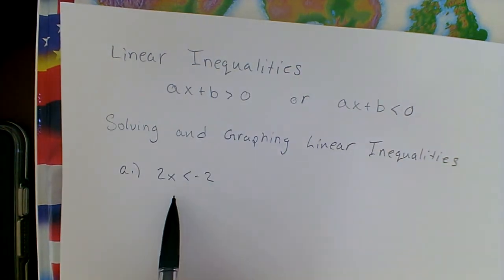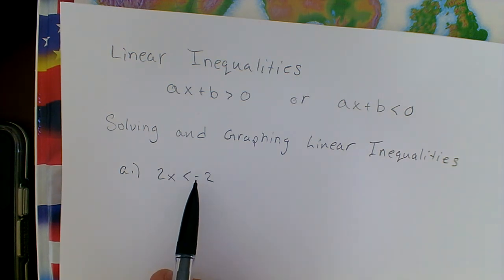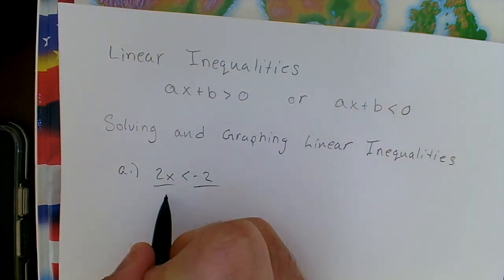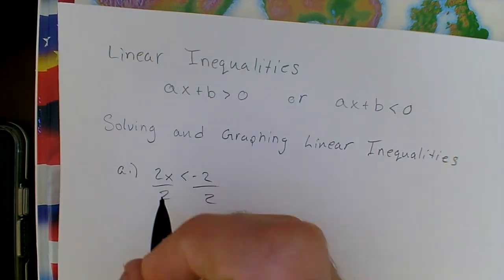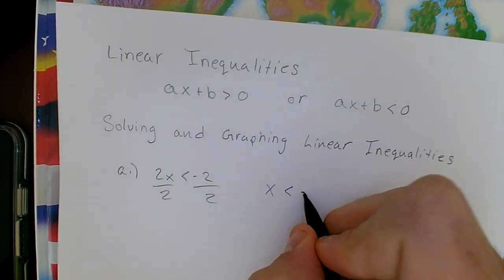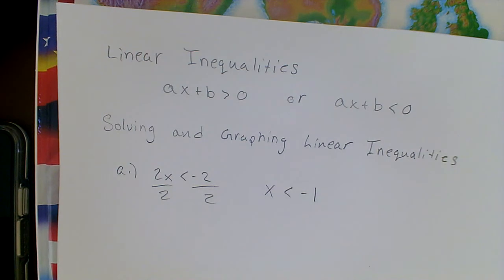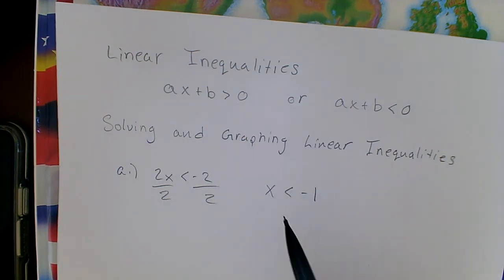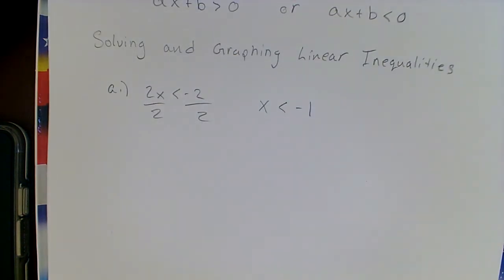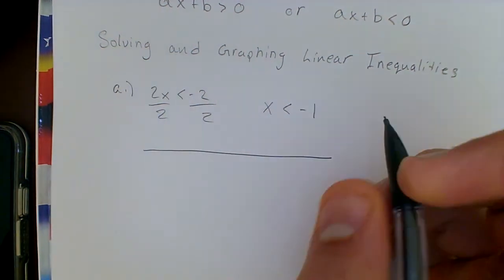We're going to solve it just like we would for an equation, except keeping in mind that if you multiply or divide by a negative number, you have to flip the inequality. First, we're going to divide both sides by 2 to get x by itself. Since it's a positive number, we don't have to flip the sign, so x is less than -1. This is when we consider the inequality solved, because we have x by itself. Graphing this though is a little different. To graph it, you draw a number line.